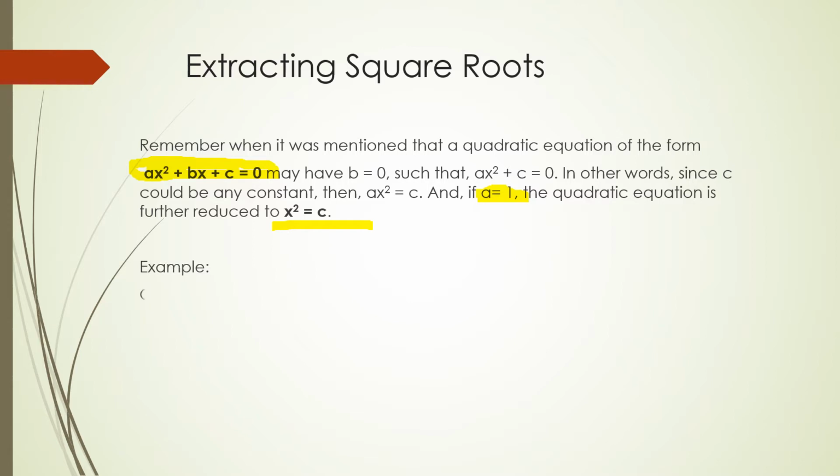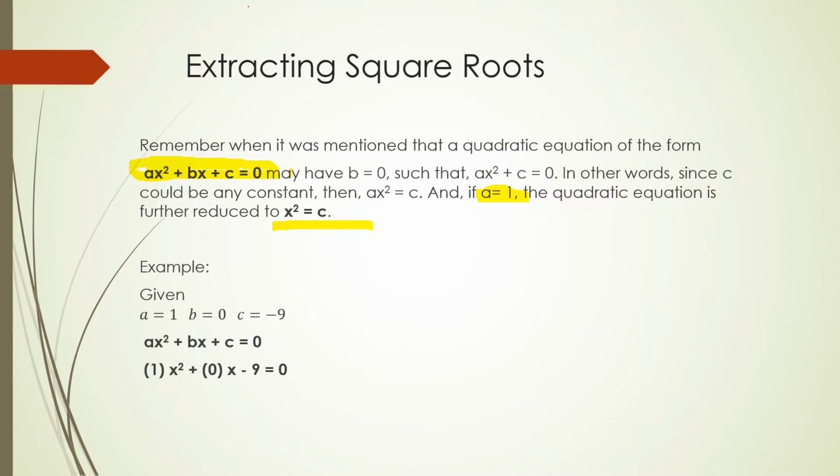Example. The given is a is equal to 1, b is equal to 0, and c is equal to negative 9. So, you have ax squared plus bx plus c. So, using the standard form, you just simply substitute each value of A, B, and C. So, papalitan nyo lang lahat ng value ng A, B, and C. Your A is equal to 1 na siya.